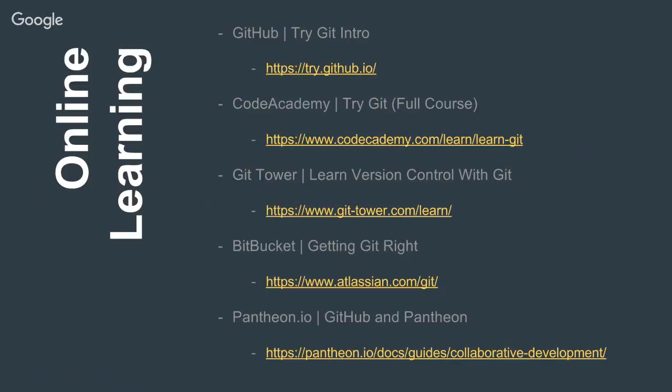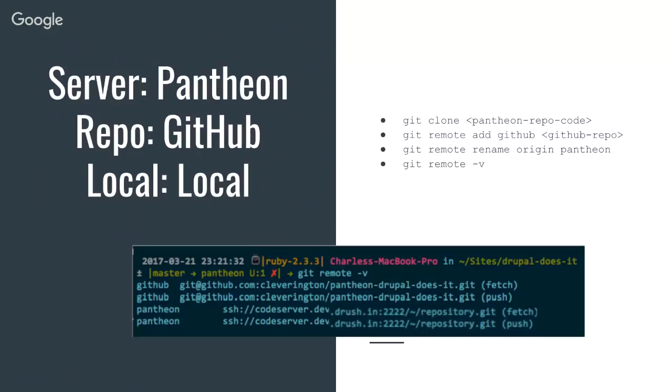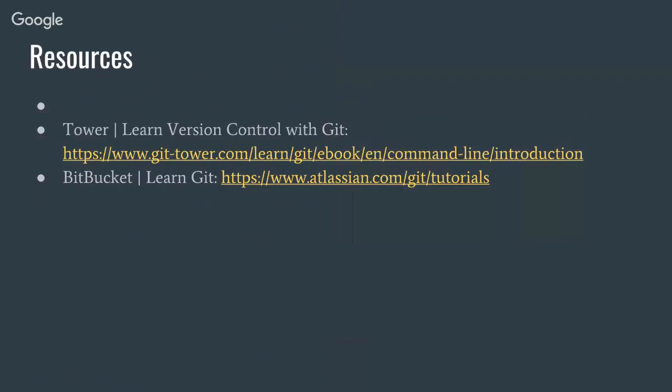It showcases the workflow I have here, if you wish to learn about that. More resources. Git Tower has a command line introduction on how to use the CLI instead of trying to use SourceTree or GitHub Desktop. And then Bitbucket has their Learn Git tutorial.